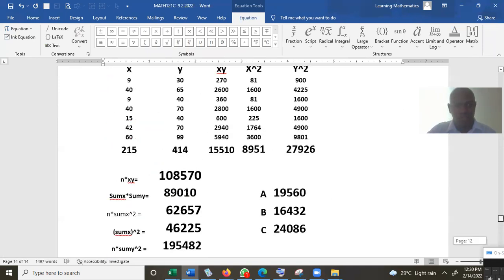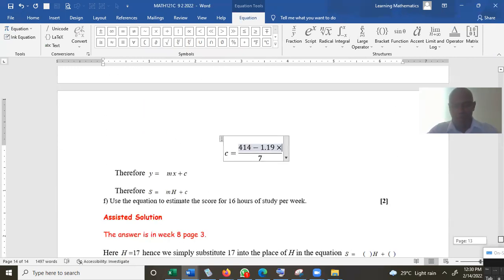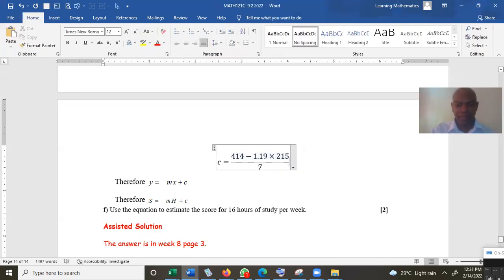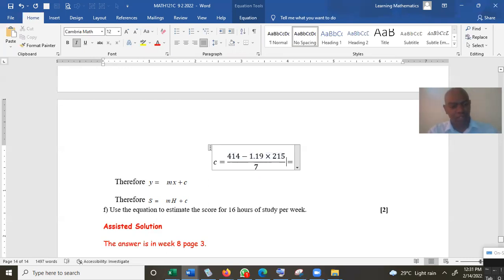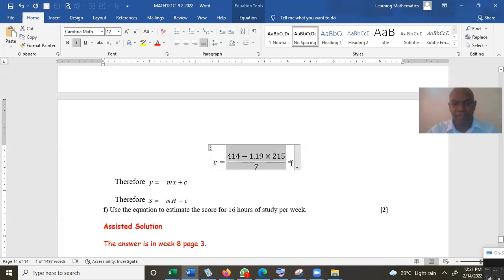The sum of x is 215. And that will give us c. So let's put that in our calculator. C is equal to 22.59.